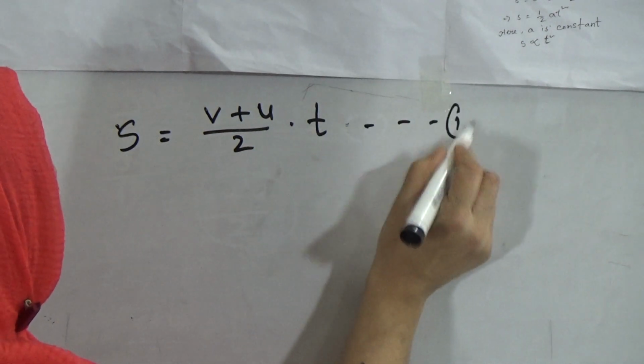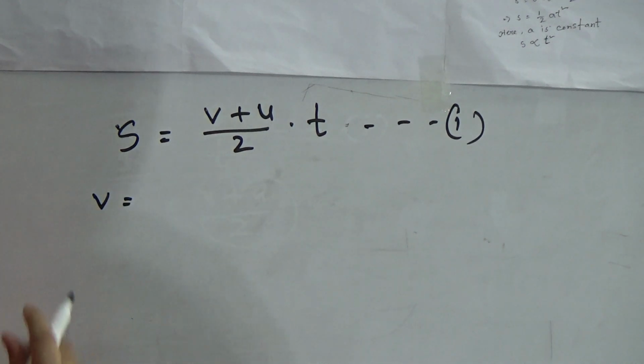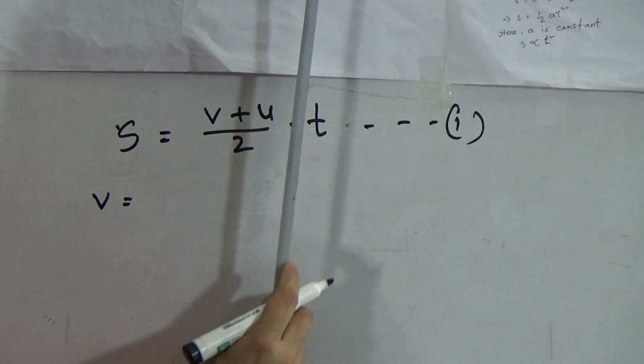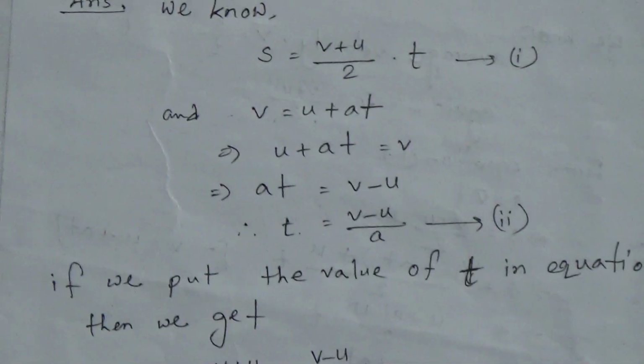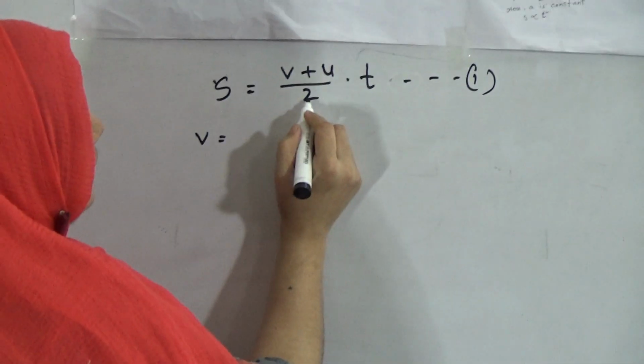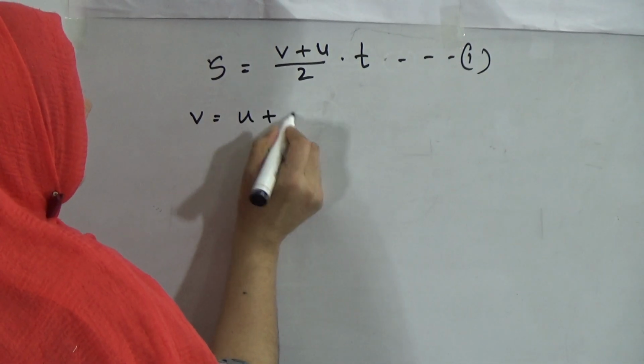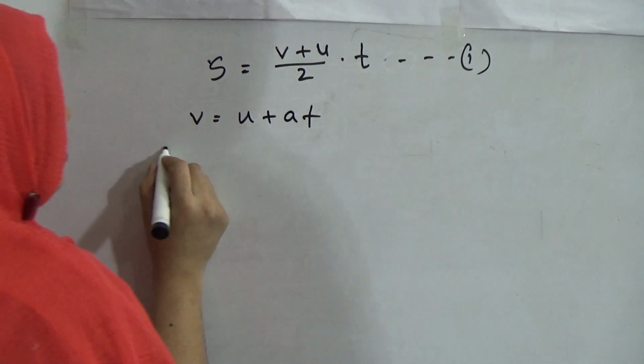This is equation number 1. Again, from the first equation we know v equals u plus at. To prove the fourth equation, we use equations 1 and 2.